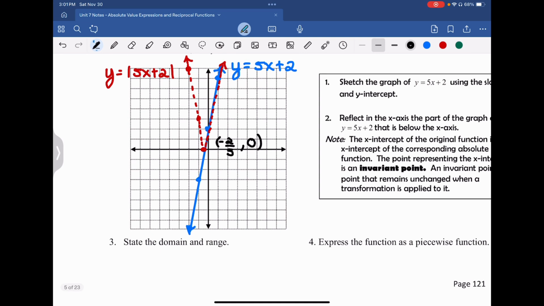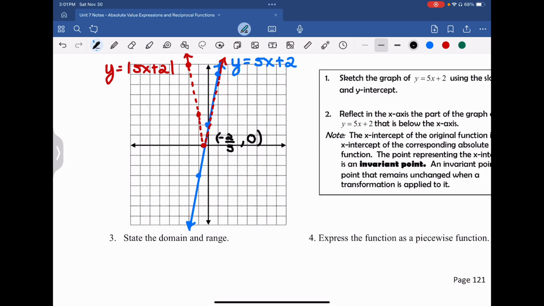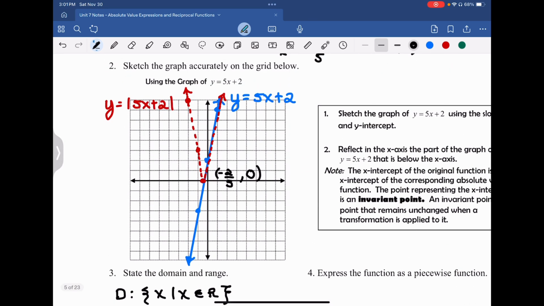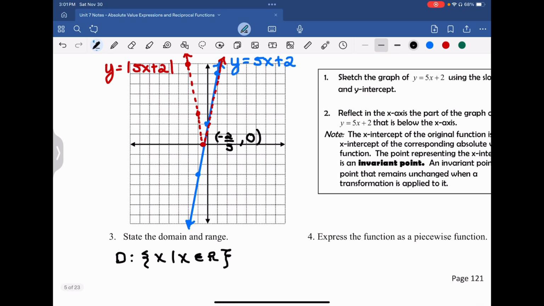State the domain and range. Well, if you look at this graph, it extends to the left to infinity and to the right to infinity, so we know that our domain for this function is going to be x ∈ ℝ. And realistically, in this unit, you can just anticipate that that's not really going to change, unless you're given a graph that has truncated endpoints, meaning there are no arrows on the end. We're always going to say our domain is x ∈ ℝ.